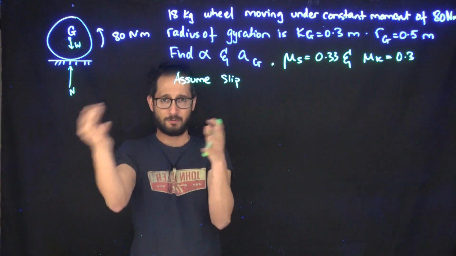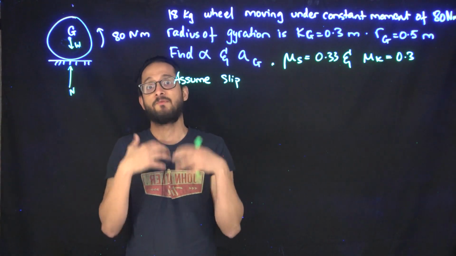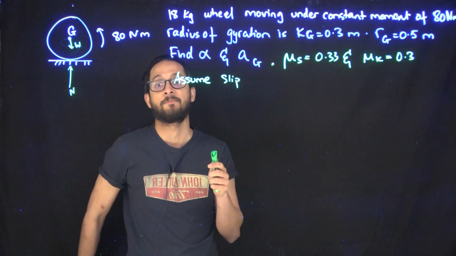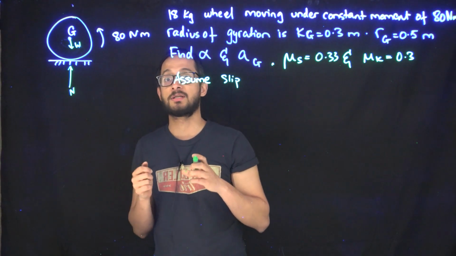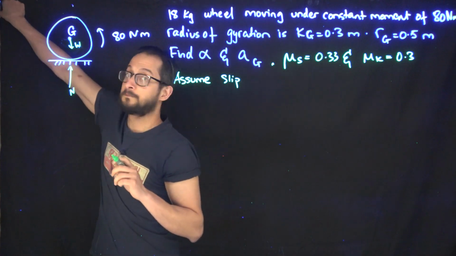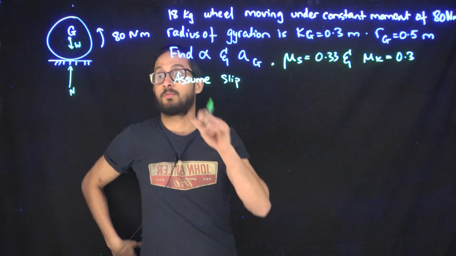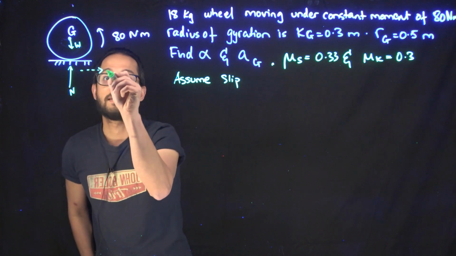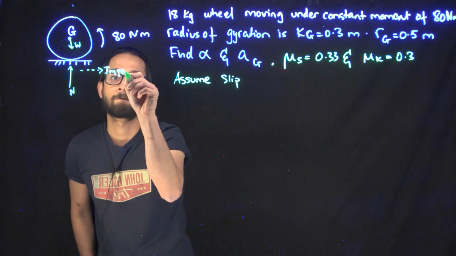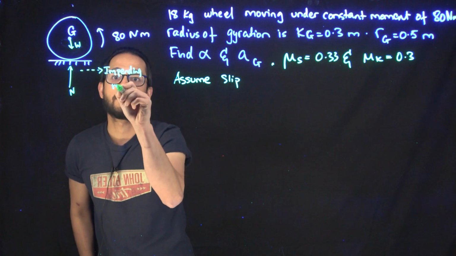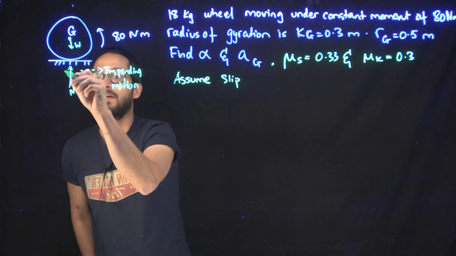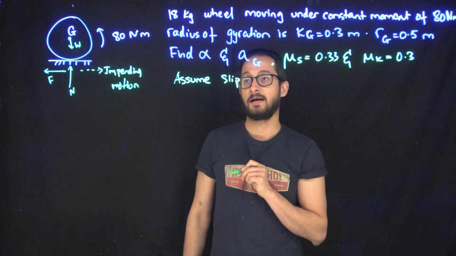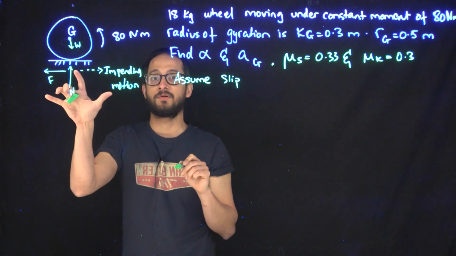Because we're not sure, we're going to figure out intuitively what direction the friction acts in. You need to see that impending motion is going to happen because this is rotating this way, so this point wants to move in that direction. That means friction is most likely going to act like that. This gives you the free body diagram.